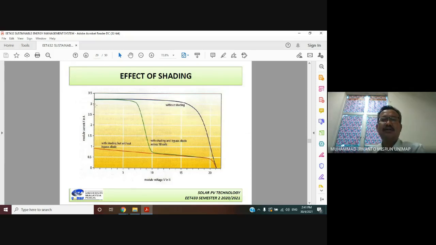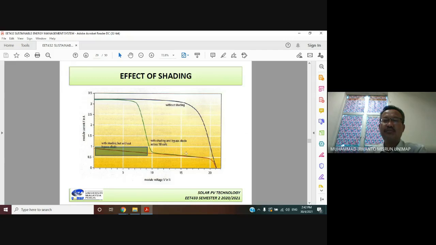Okay, now in terms of the IV characteristic, the black line is the normal condition, meaning without shading. If the PV module has no bypass diode and shading occurs, the IV curve becomes this line, meaning the current will drop.